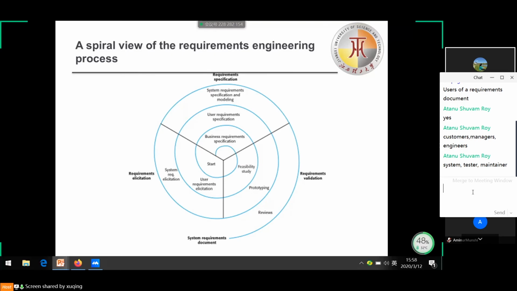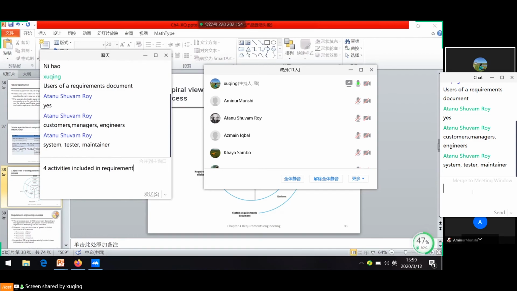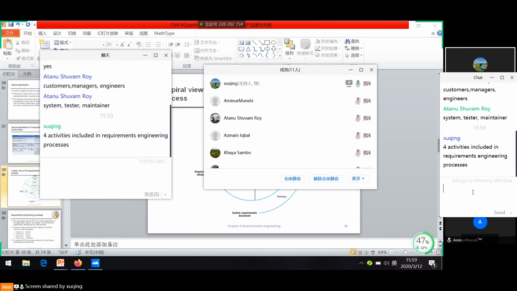Do you remember the 4 activities included in the requirements engineering process? In the second chapter, we talked about this. I think you have the slides, the PPTs, so perhaps you can find them easily.